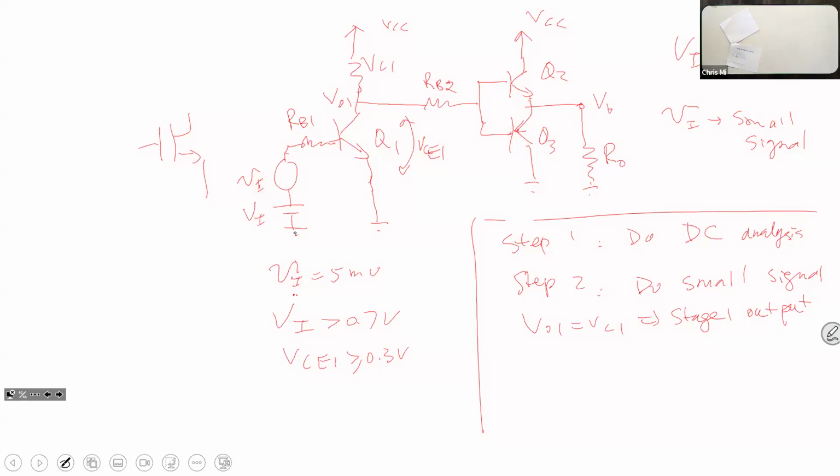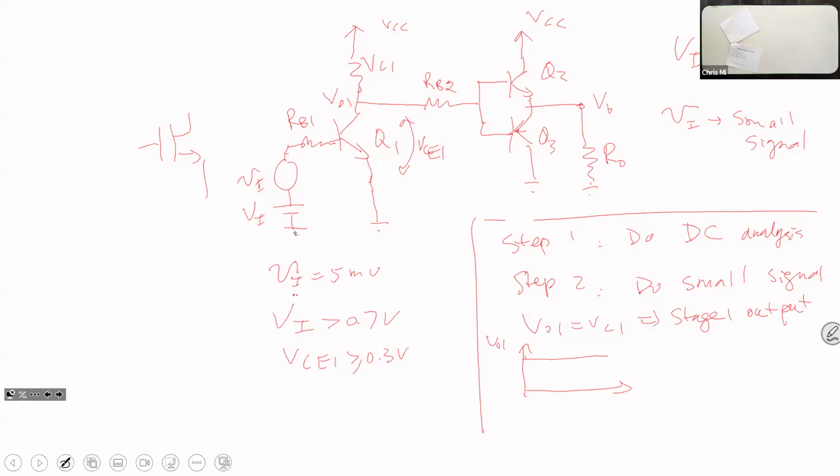So VO1 is the output. Let's suppose you get VO1 already, a voltage, because capital Vi is given and everything is given, so you got VO1 certain voltage. It's going to be something larger than 0.7, larger than 0.3, maybe it's even 5 volts, okay?